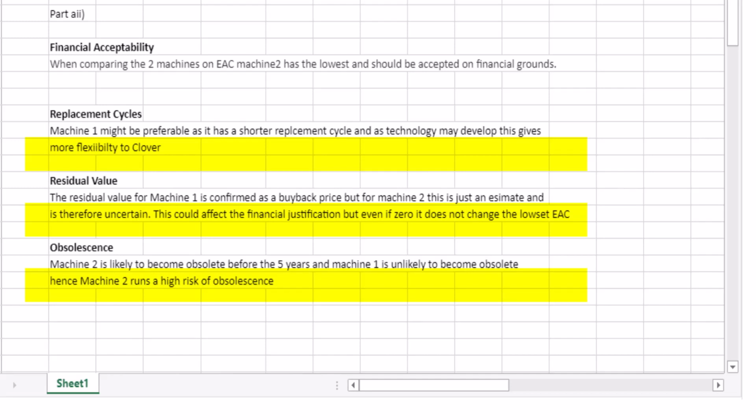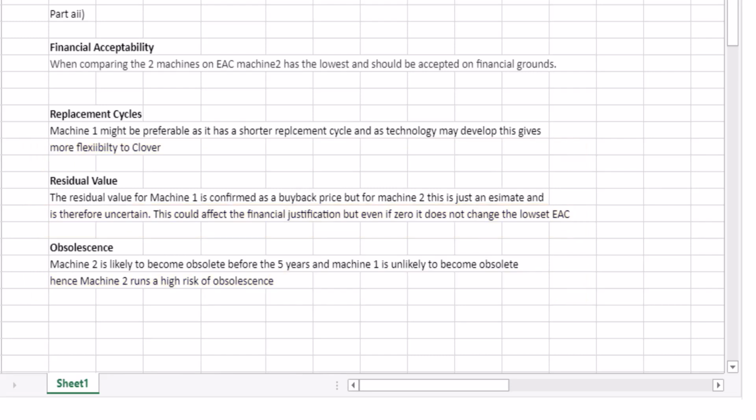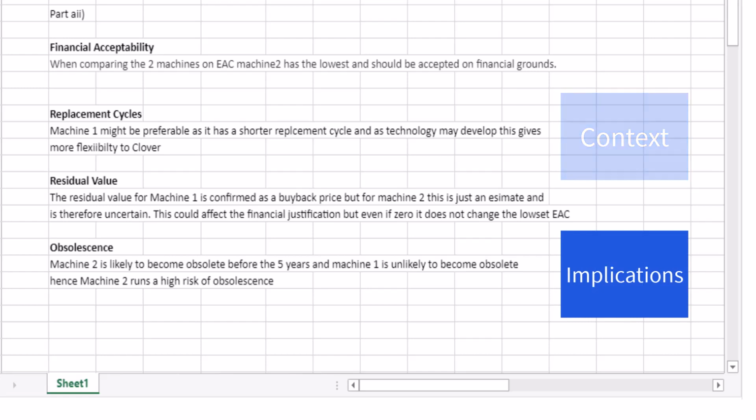This is definitely a technique you need to ensure you do if you're writing in the spreadsheet as opposed to the word processor. For these discussion points also, it's necessary for you to do more than just simply repeat what was in the scenario. You need to use the scenario, absolutely, but put it into your own words. Give it some context and implications for Clover Company.